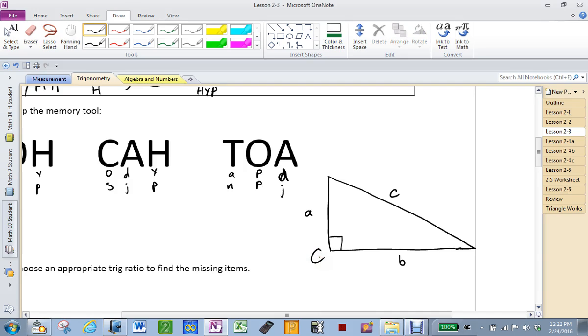Because it's across from little c. What's the word we use in this unit instead of across? Opposite. So what does that make this corner? Capital B. And what does that make this corner? Capital A. Everybody with me?